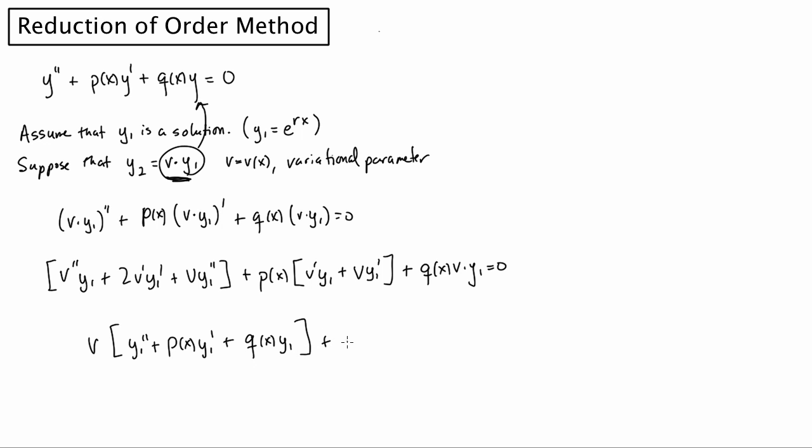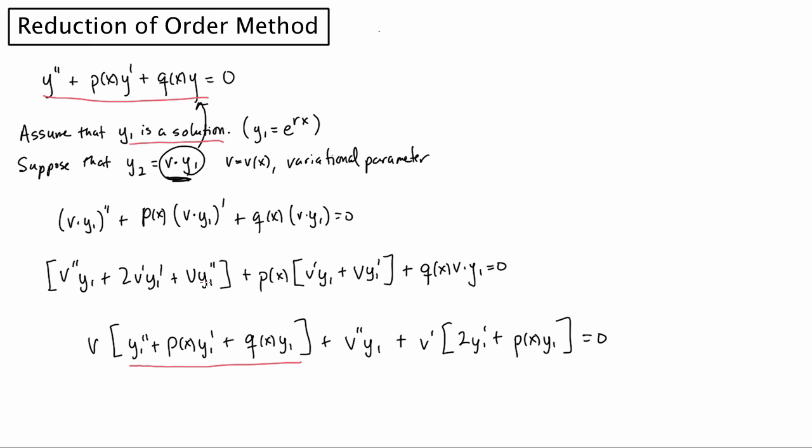We have one term that involves a v double prime, and the terms that involve the v prime are 2y1 prime plus p of x y1. Something rather wonderful happens here: the original equation reappears in terms of y1. But we know that y1 is a solution. Since y1 is a solution, it has to satisfy this equation, which means this piece has to equal 0.